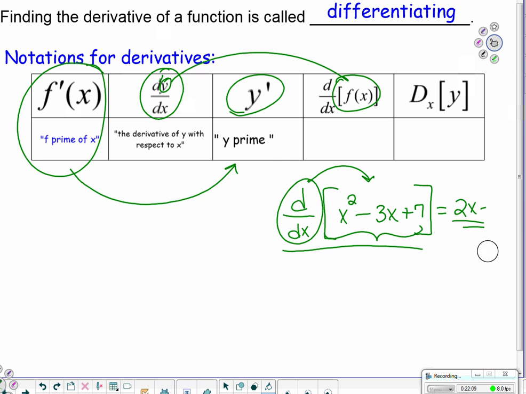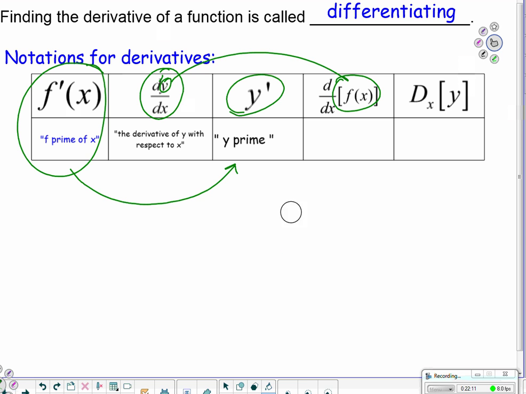The last one is not very common. It just represents the derivative with respect to x of the function y, or of the equation, I guess. So different ones.